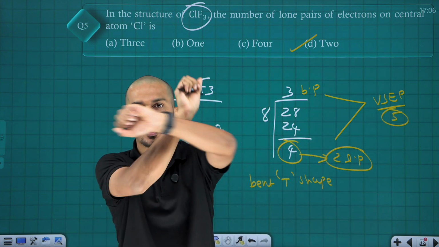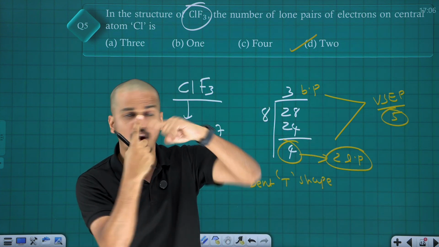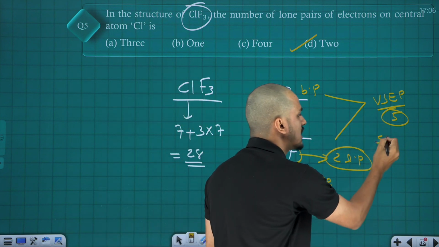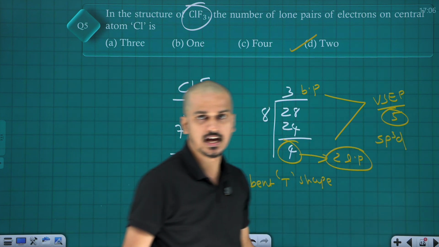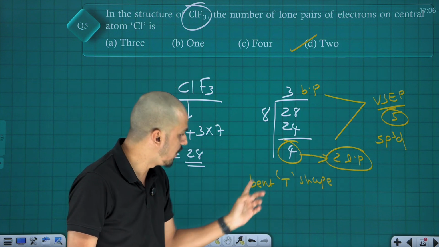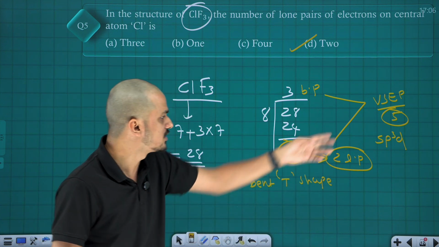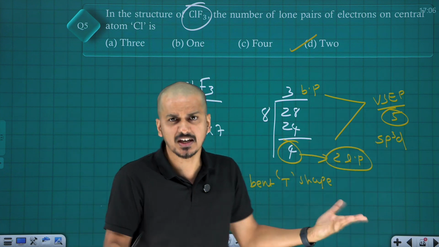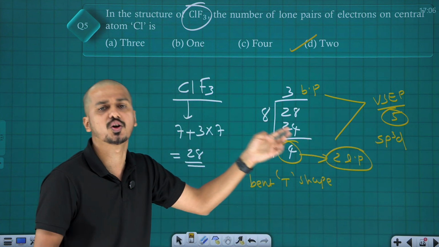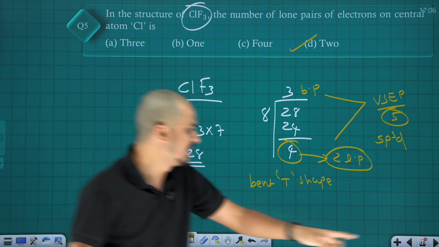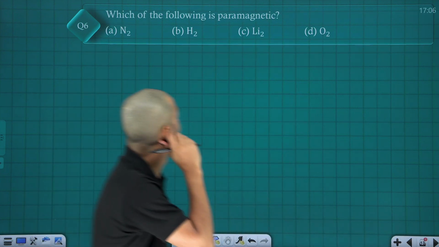Bond pair plus lone pair is 5. 5 means the hybridization is sp3d. And because of the lone pair, the shape is bent T. The geometry we expect is trigonal bipyramidal. This much information we get from this idea. Total valence electrons by 8, keep that formula in mind. Okay guys? Yes. We can go to the next question.